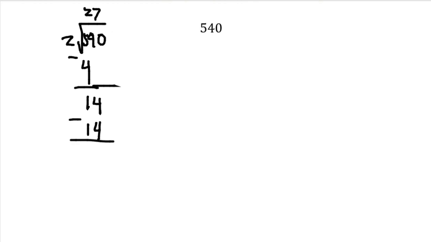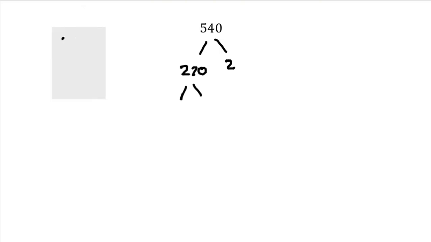Now let's try 540. So let's just divide this by 2. So what will be the answer? This is 270. So 540 can be broken down into 270 times 2. And can 270 be divided by 2?